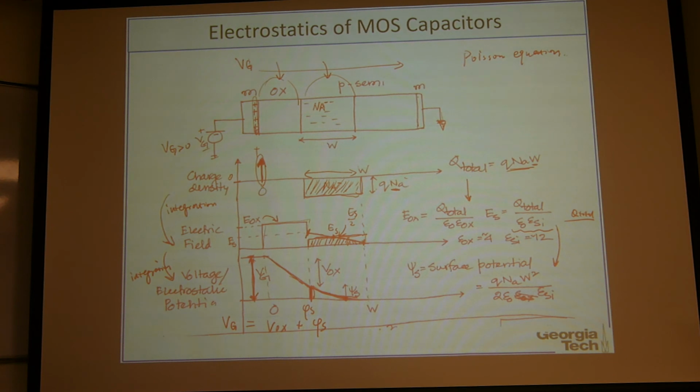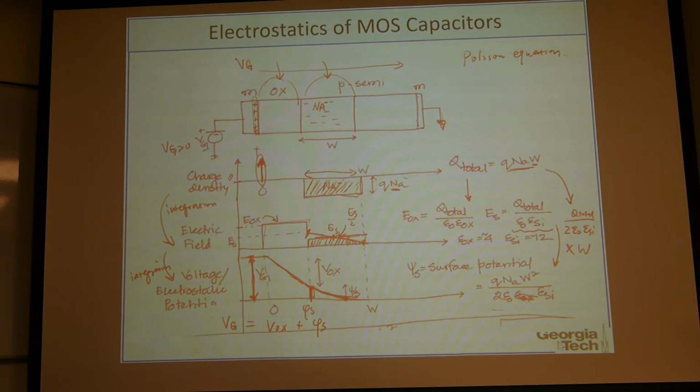When I talk about integration, that means you count the area under that function. So if you do that, then this will be half epsilon 0, epsilon silicon, and then multiply by the W, and then you can plug in this Q total here. So if you do everything, then you get this one.